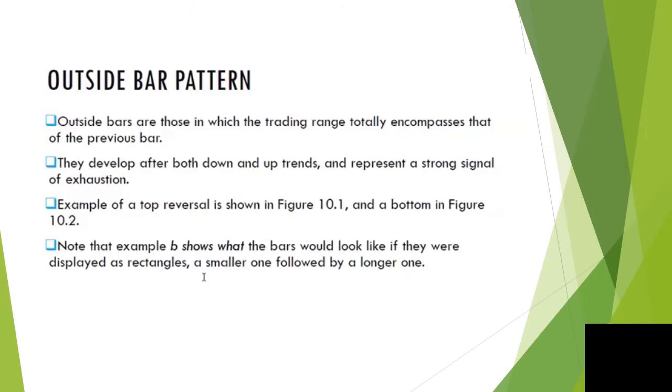Okay, so now we go to outside bar pattern. We have outside and also inside, and later we will discuss more about the other types of pattern. Outside bars are those in which the trading range totally encompasses that of the previous bar. They develop after both down and up trends and represent a strong signal of exhaustion.